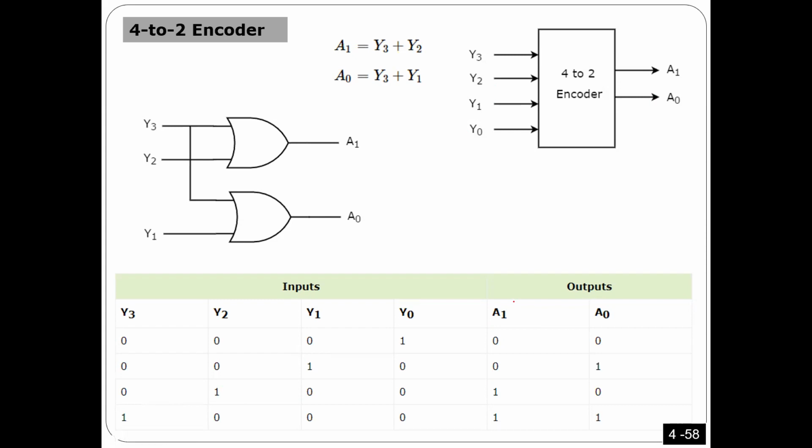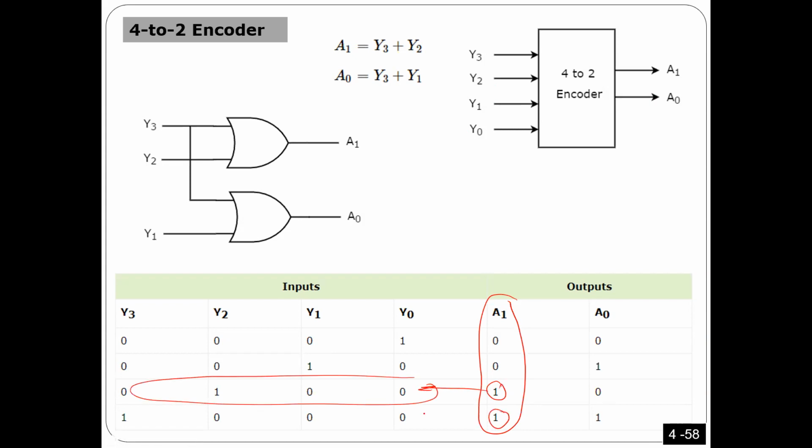For example, to design A1, I find the ones, take the minterm here and the minterm here, and OR them. That's what we did before, right? Same thing for E0: you take this one, get the minterm, and then use OR.